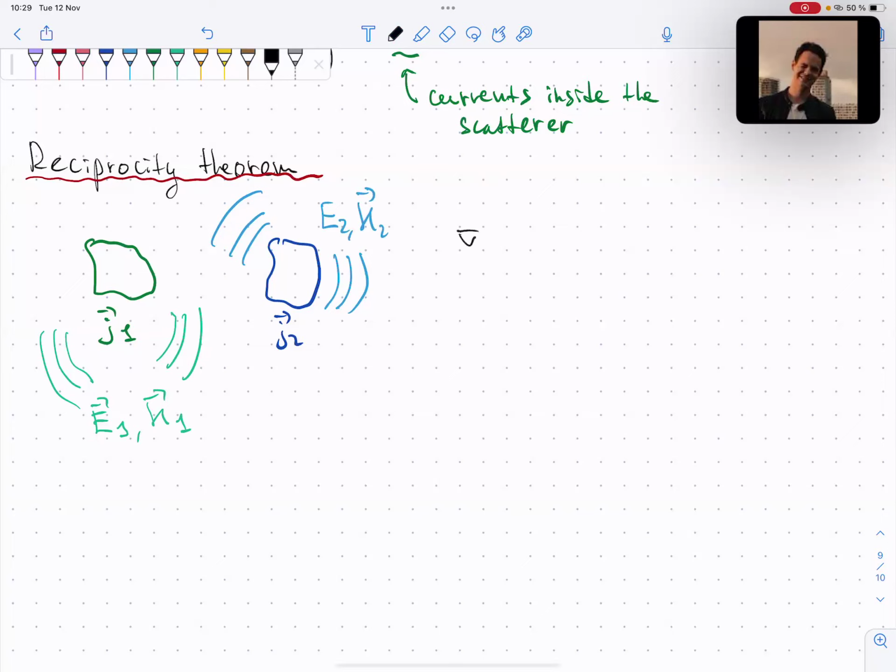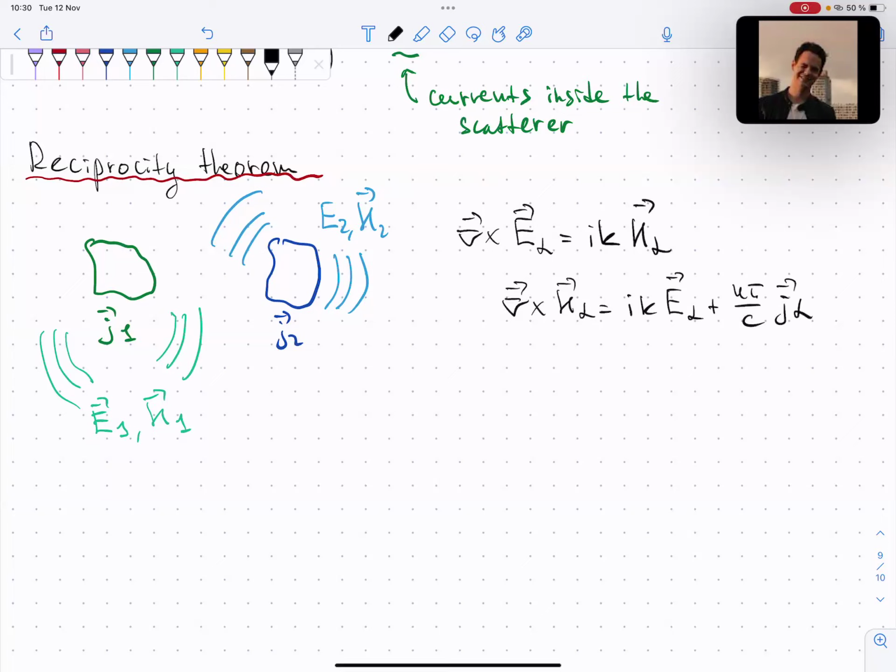We can write the Maxwell equations that govern these fields: just the regular Maxwell equations, curl of E alpha equals ik H alpha and curl of H alpha equals minus ik E alpha plus 4 pi over c J alpha. Here alpha equals 1 or 2.